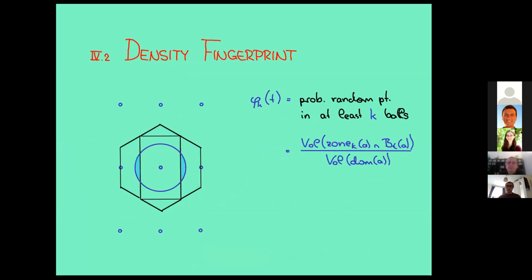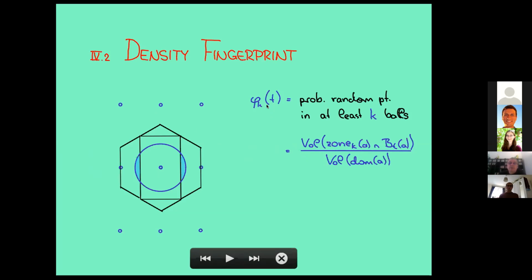Good. And then we come to the definition, which is the critical definition for the next talks, namely the density fingerprint. So phi sub k now is the probability that the point lies in at least k of the balls, where I draw a ball of radius t around each point. And then we generalize just from the earlier thing.